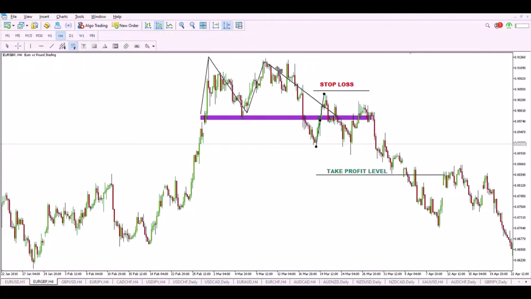Here what happened is exactly about 50 or 61% of the retracement on the Fibonacci tool, and from there we headed north to this previous resistance or support level, and from there the price again started retesting the neckline, went a little bit further but not as much as the first time, so we can see weakness here, and from there the price started falling down to our take profit target level.